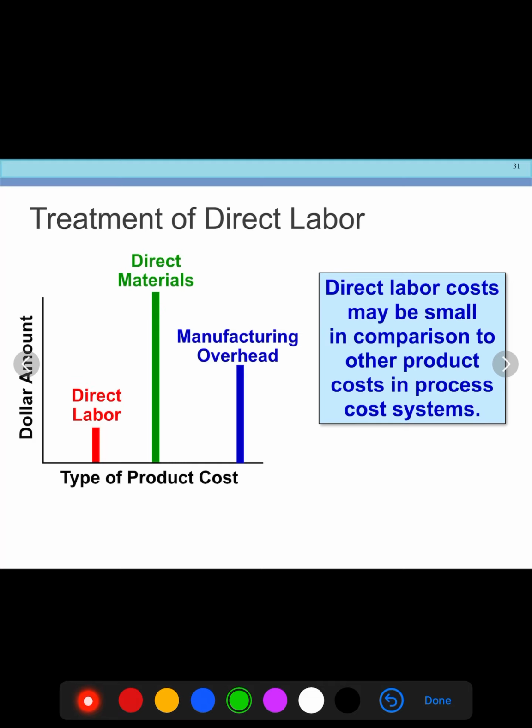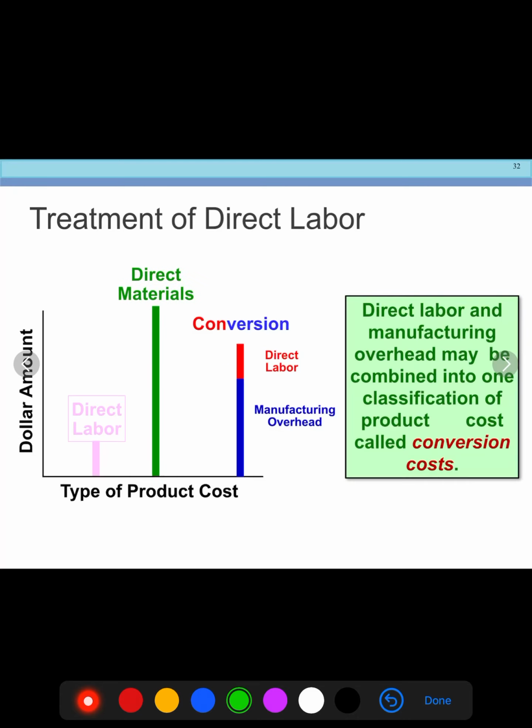Treatment of direct labor. Okay. So, direct labor cost may be small in comparison to other product costs in process cost systems. This basically, identical nga yung units na ginagawa natin. The process cost is continuous. Normally, the direct labor is not that significant.